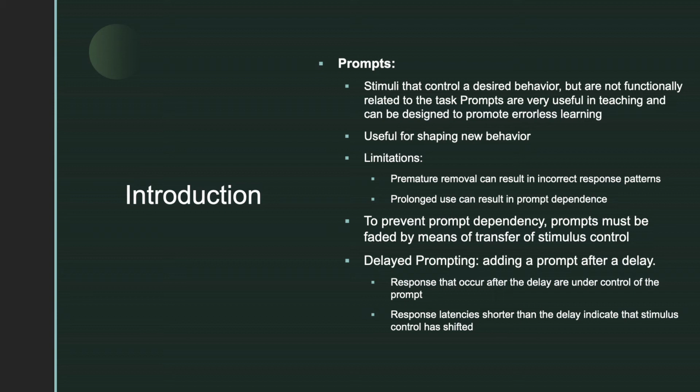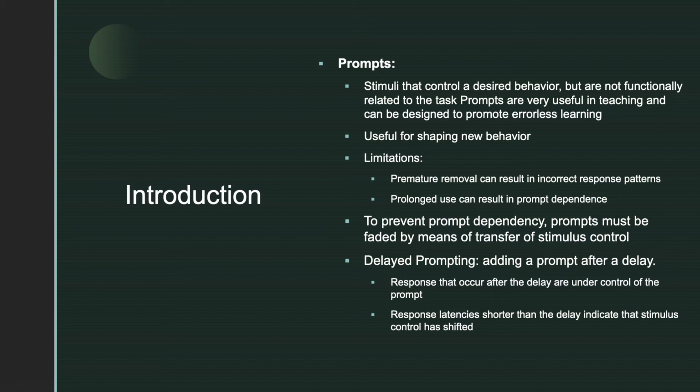If they do not use it, then we might physically guide them to use the soap dispenser and so forth. So prompts are very useful, and if we need to use them, we certainly should be using them. The problem with prompts is we have to be very careful, because if we remove them too soon, we might start getting a lot of incorrect responding. And if incorrect responding becomes frequent, that's going to prolong our teaching.